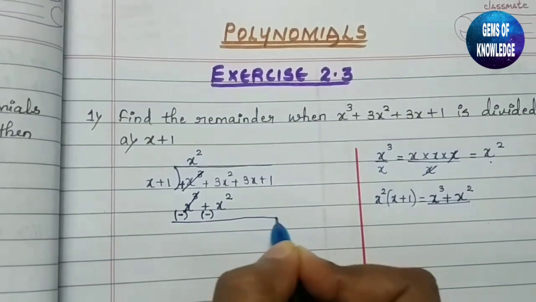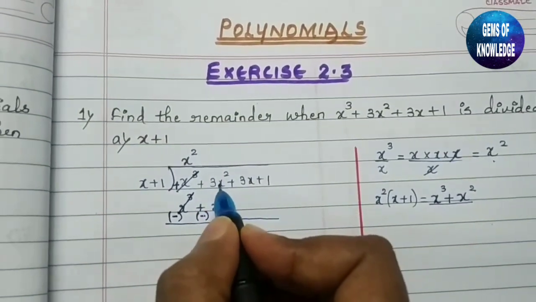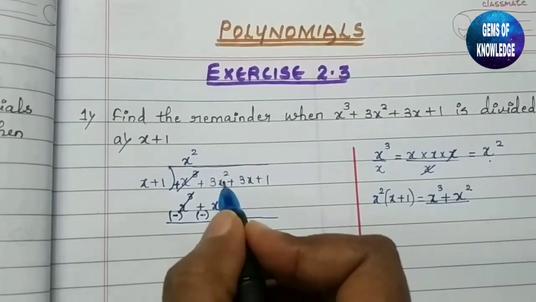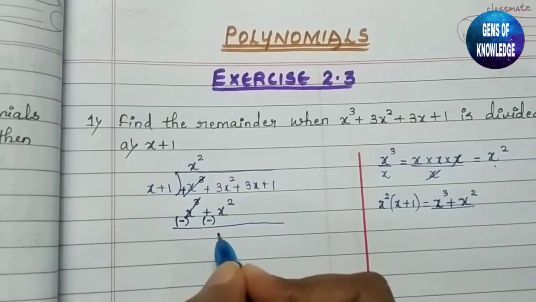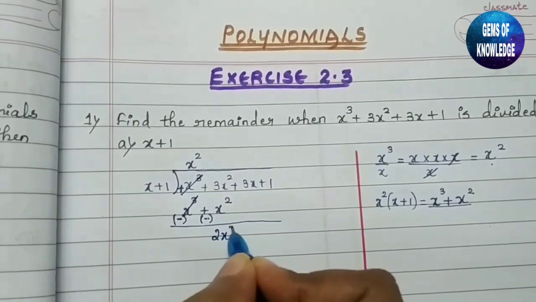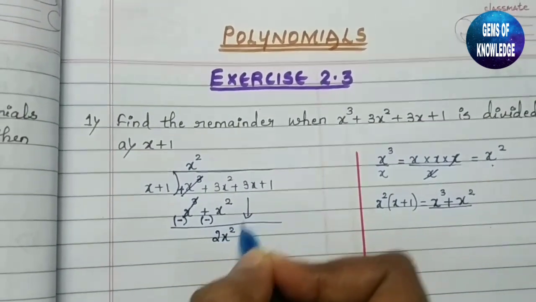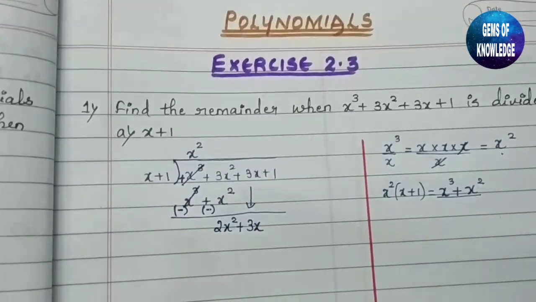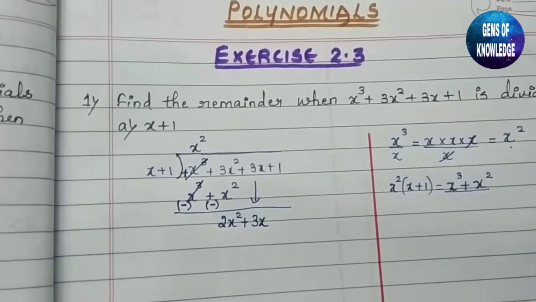We are left with 3x square minus x square, so we will get 2x square, and we need to write this below. Okay, now this was the first step, which has been completed.